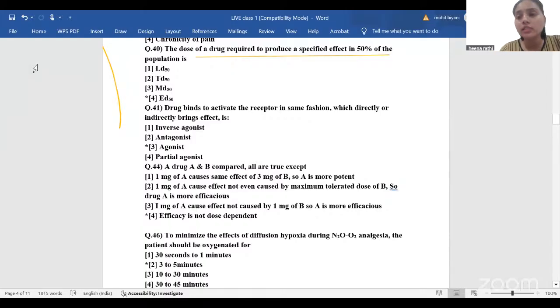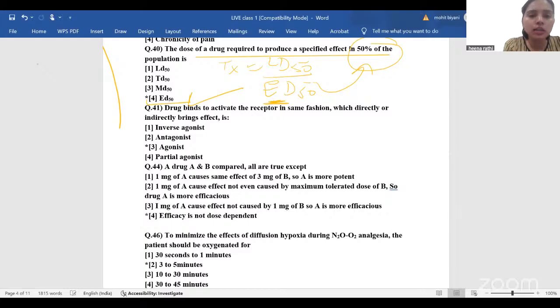As we have seen earlier, for the therapeutic index, it is LD50 by ED50. ED50 is the effective dose, which is effective for 50% of the population. So the answer is ED50, in which LD50 is the lethal dose. TD50 is the toxic dose, the dose which is toxic for 50% of the population.